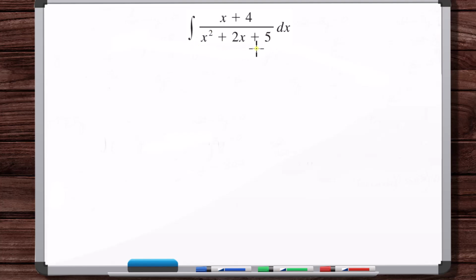We could check whether it can be factored using the discriminant, b squared minus 4ac. The discriminant is negative, which tells us this can't be factored any further. So this is already as broken down as it can get, and we can't do partial fraction decomposition anymore.